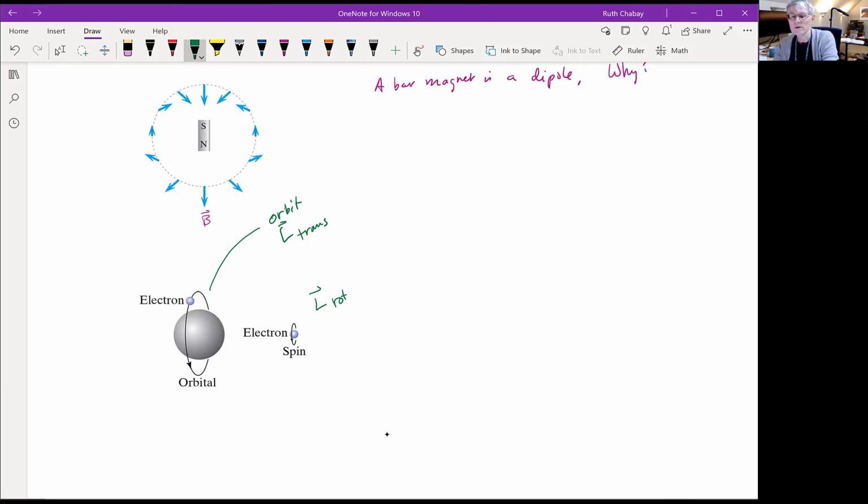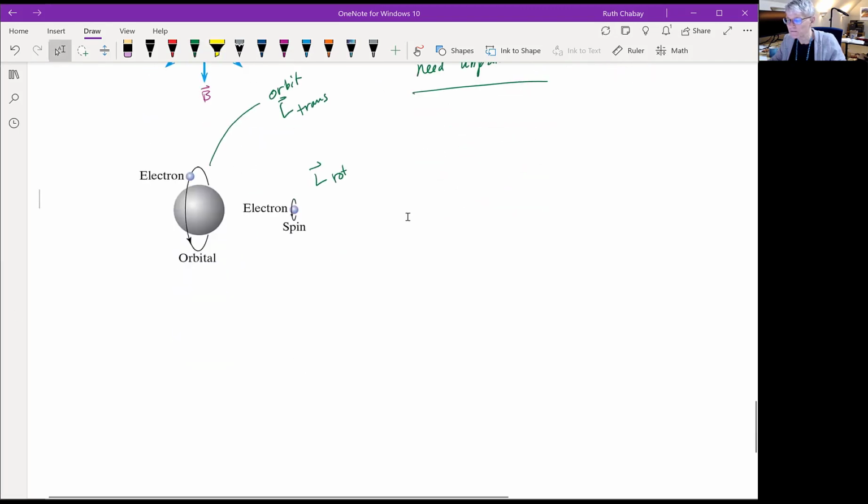An atom can be a magnet due to the orbiting of the electrons, and the spin, but what has to happen is you need an unpaired electron, and the magnetic dipole moments of all these electrons must line up the same way.